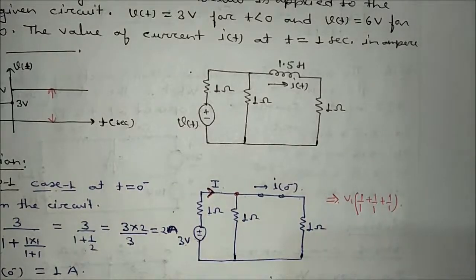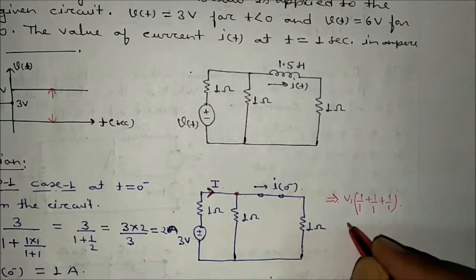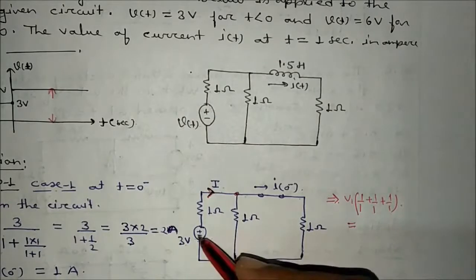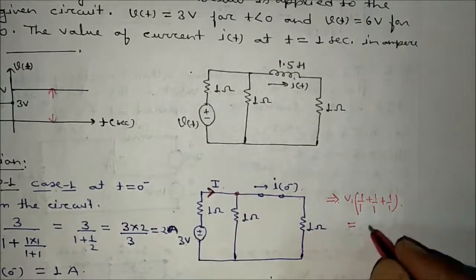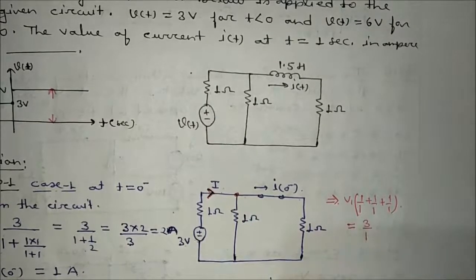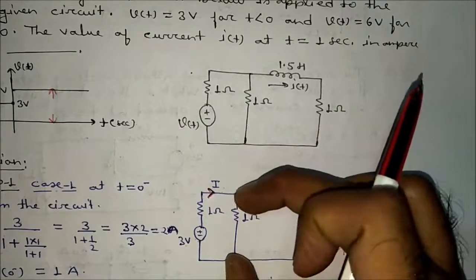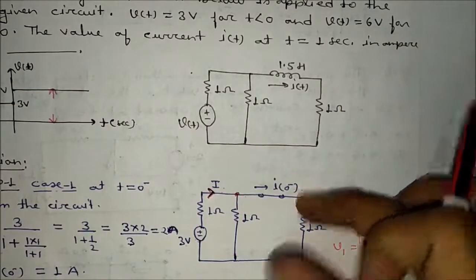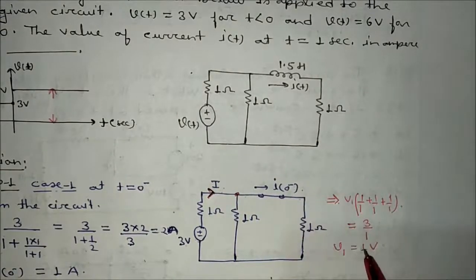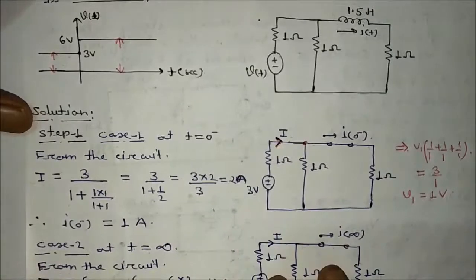These are the three resistances, equal to, this one is positive, connected to this terminal, so 3 divided by 1. So V1, how much will you get, 1 volt. And this voltage is the same as this voltage, so i(0 minus) will be 1 divided by 1, that is equal to 1 ampere. So you can do it in any manner.